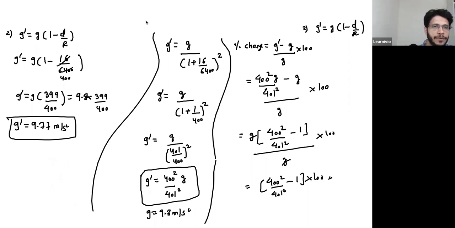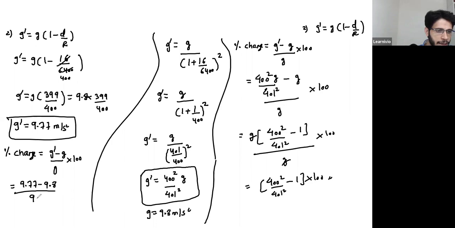The next thing that we can do is calculate percentage change. Percentage change is G prime minus G by G multiplied by 100. So G prime is 9.77 minus 9.8 by 9.8 multiplied by 100.